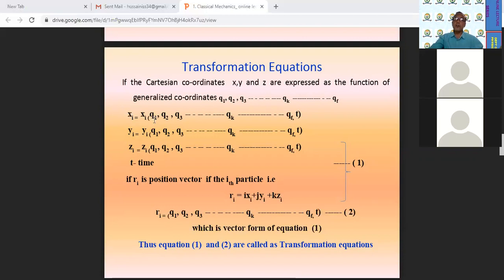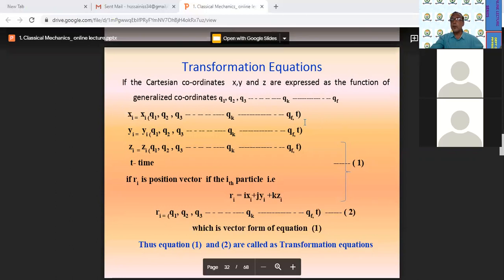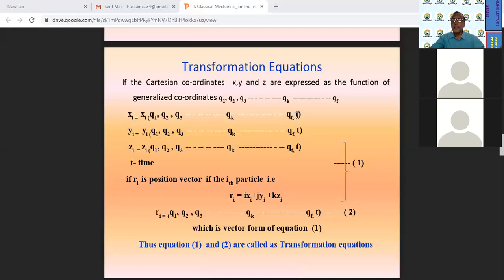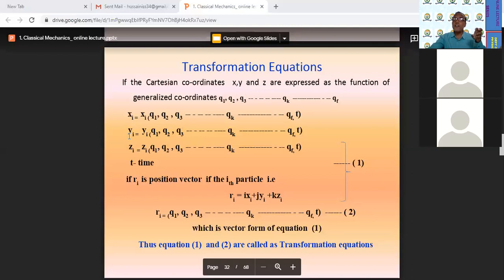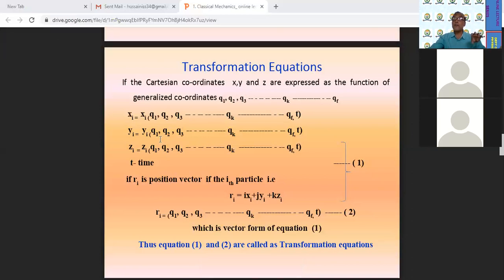कौन से? जैसा f of x बोलते ना, वैसा xi of q1, q2, q3 and qf, and t, where t is the time coordinate. You know ये q1, q2, q3, qk, qf are the position coordinates and t is the time coordinate. उसी तरह similarly yi is a function of y of q1, q2, q3, qk, qf and t, where t is the time coordinate.